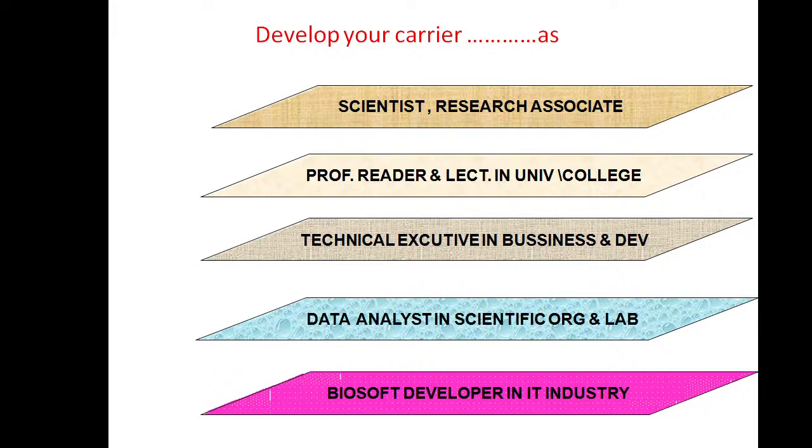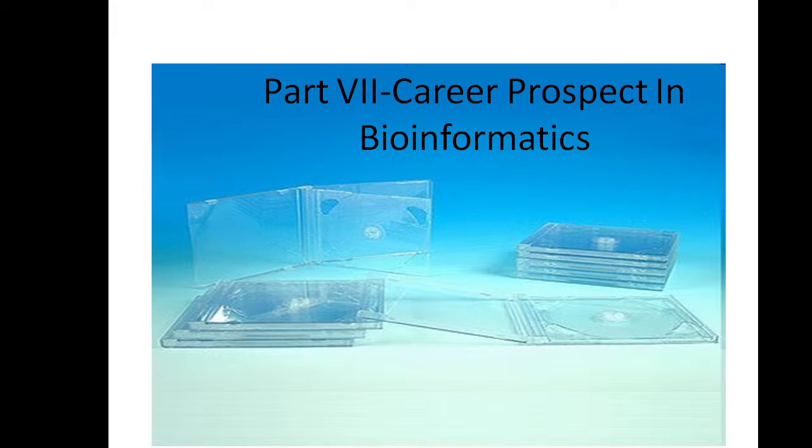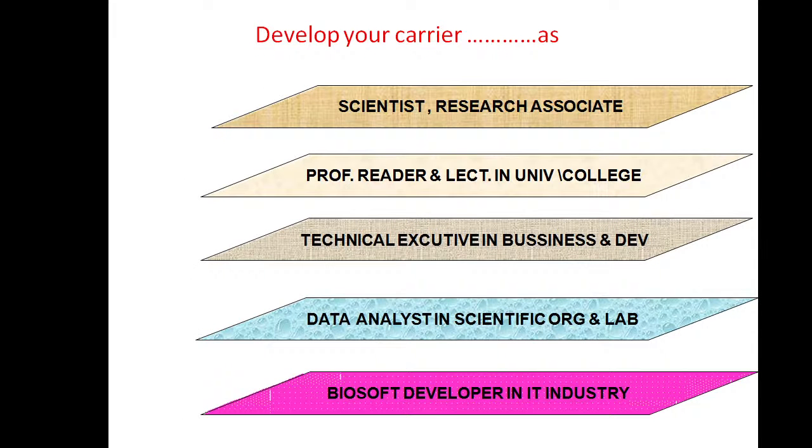Now this is an important thing: career prospects in bioinformatics. You may be a scientist or research associate after doing a PhD or a PG program like MTech, MSc. You can join a scientist post or research associate post. Generally, a research associate post may be availed by a PhD person, but in some cases, if you have experience, then you can join the research associate post and scientist post.